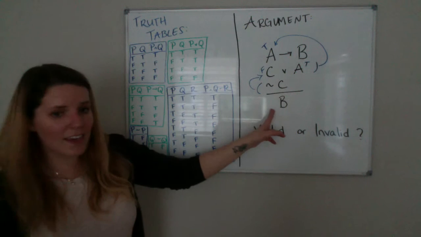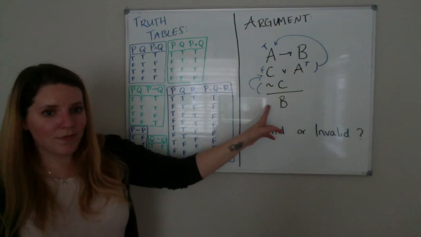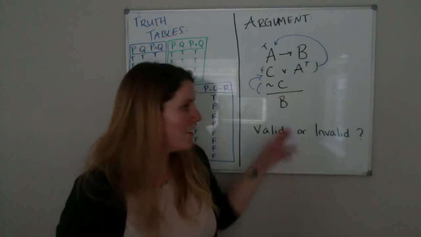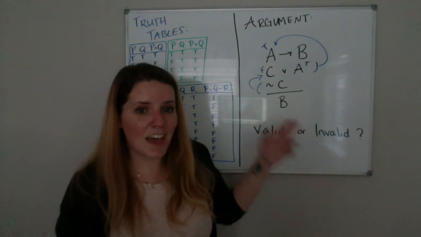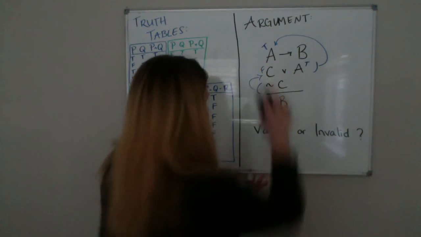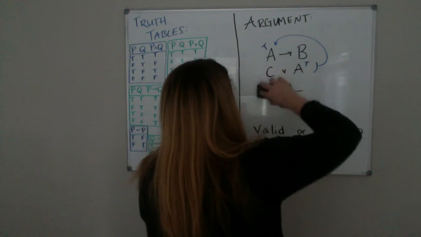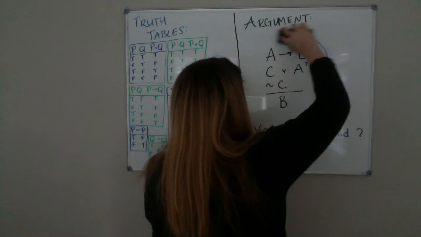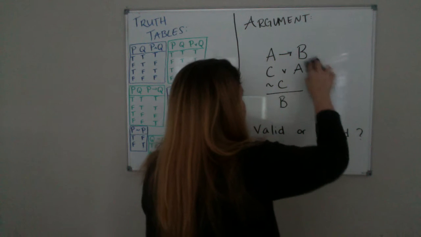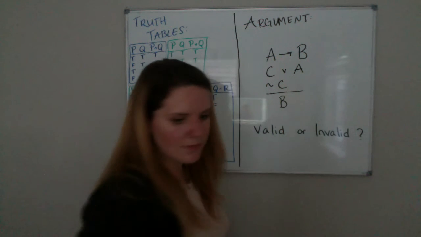So B must be true. It's impossible for these premises to be true and for the conclusion to be false. That means that this is a valid argument. Awesome. Okay, so we've seen 2 valid arguments, and we didn't really have to spend that much time going back to our truth tables, which is great.